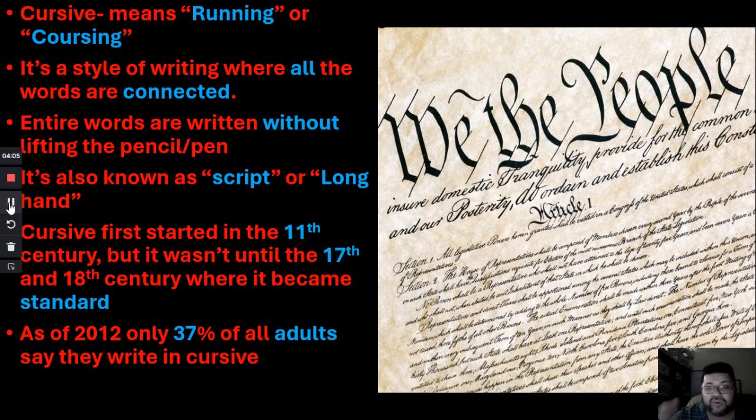If it had been written 100 years before, in the 1670s, chances are those words in cursive would be written just like the top part, in print, Old English script or something like that. It wouldn't be cursive, because that wasn't the standard at that time, whereas in the 1770s, it was standard.